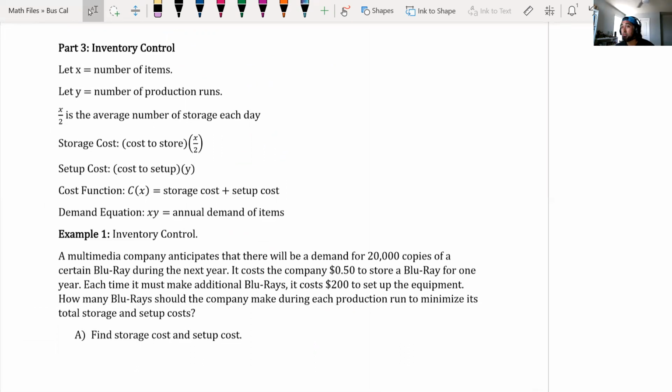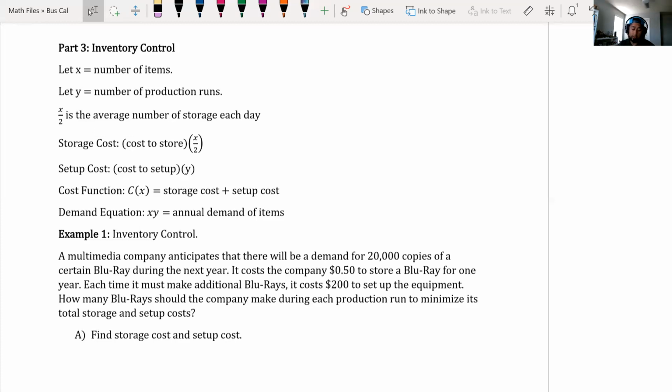This comes from if you have a warehouse: one day it's full, the next day it's empty, the next day it's full, the next day it's half empty. So throughout the year, your average number of storage is always X over 2. Somebody came up with this, not me. I looked into it, and that was the easiest way I could understand it.